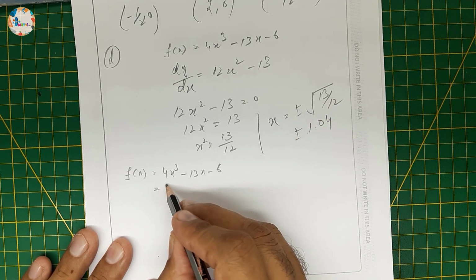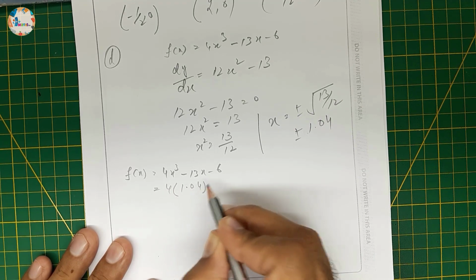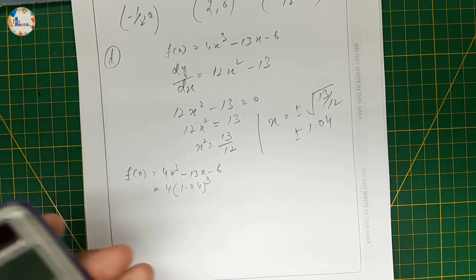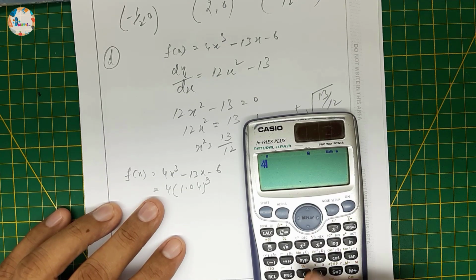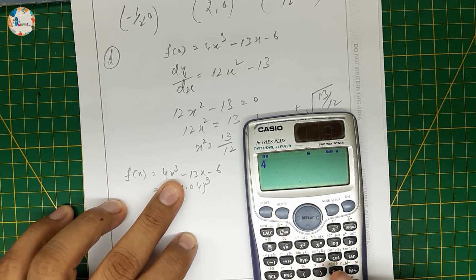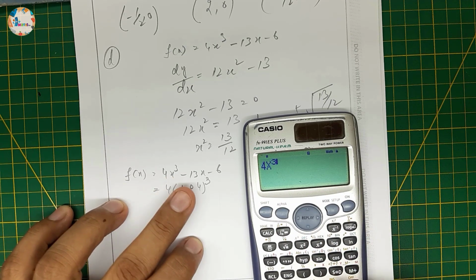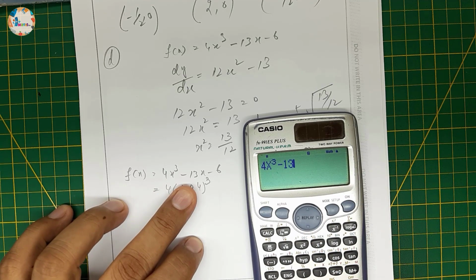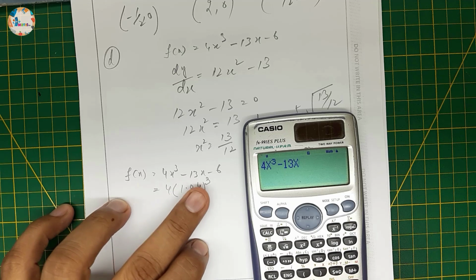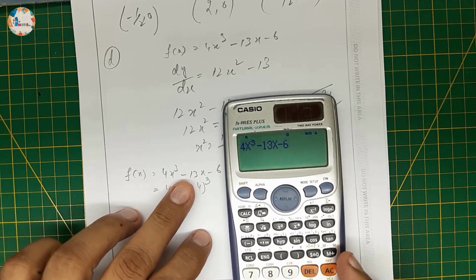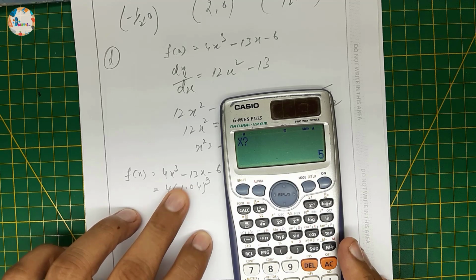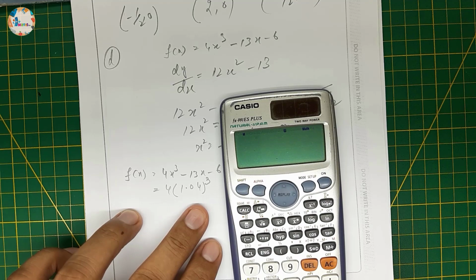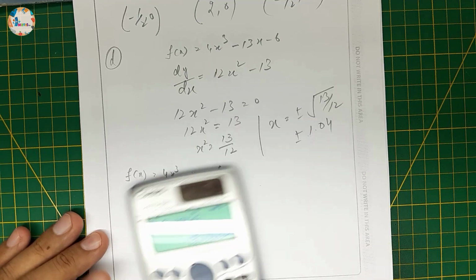First the positive value: 4 into 1.04 cubed, or we can directly use a calculator to substitute the values. So 4x³, minus 13x, minus 6. Now this is our equation, and we can solve it by calculating for x = 1.04.